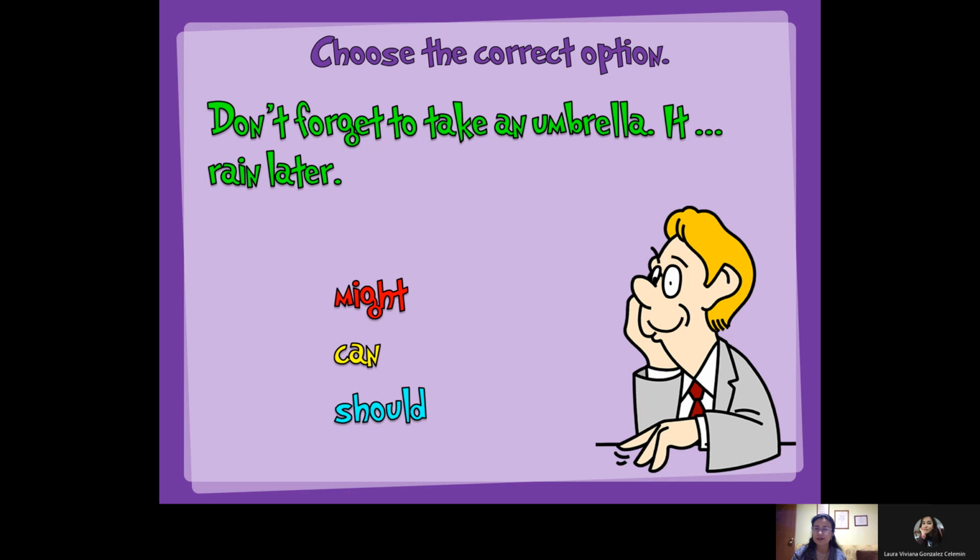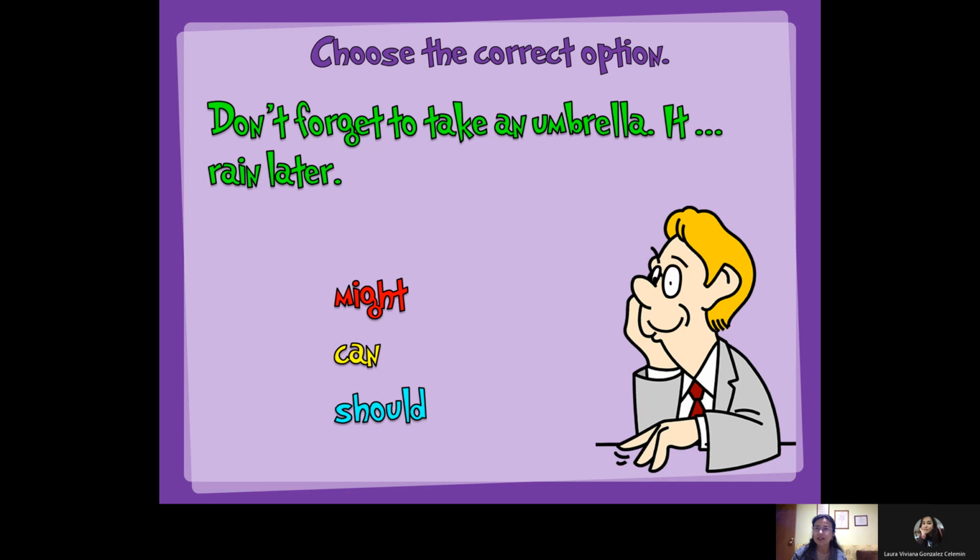Remember the modals that we studied last class, the modals of possibility. Can is used for abilities, should for giving advice, might for something that can be possible, possibilities.